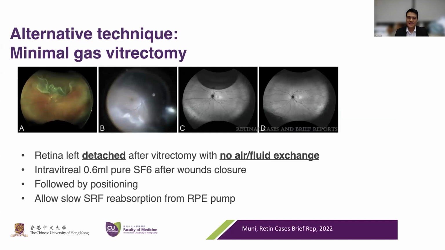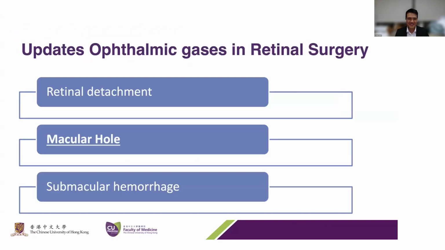And you close all the wounds and then you inject expansile concentrations of SF6, followed by postoperative positioning, and you just give time for the SRF to slowly reabsorb by the RPE pump. So some food for thought for you, but personally, I'm not brave enough to try this procedure myself.